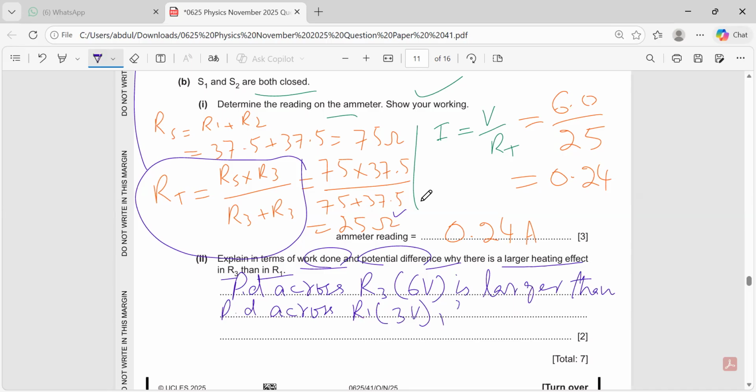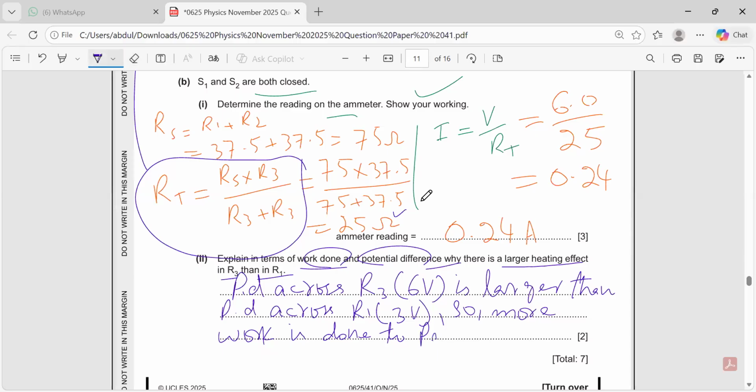So more work is done to pass the charge through R3.